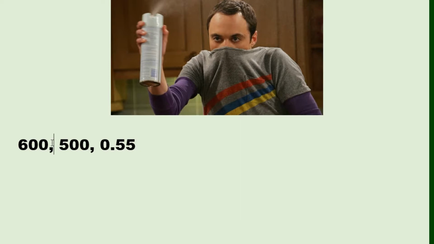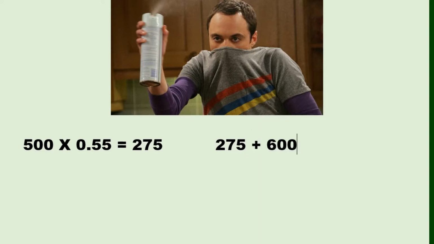The 600 is good by itself, but we need to focus on the 500 and the 0.55. You multiply those two together, and you get 275. Now you add 275 plus 600, and you get 875. So that is your y-intercept, 875.